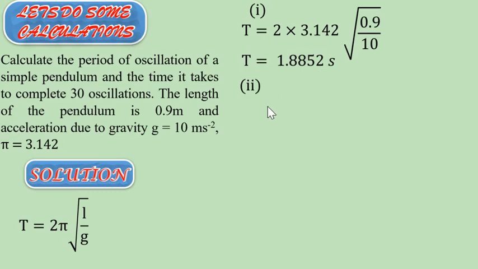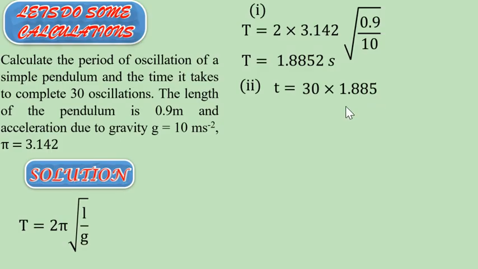Number 2 question here says, the length of the pendulum is this, and we're asked to calculate the time to complete 30 oscillations. So now we have T, and the time to complete 30 oscillations is 30 times the period.